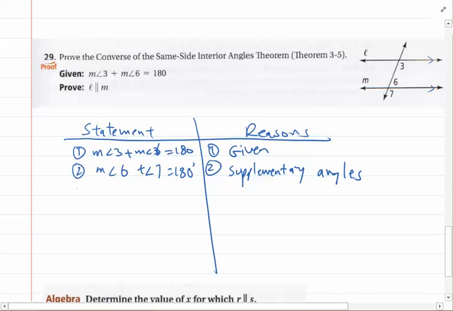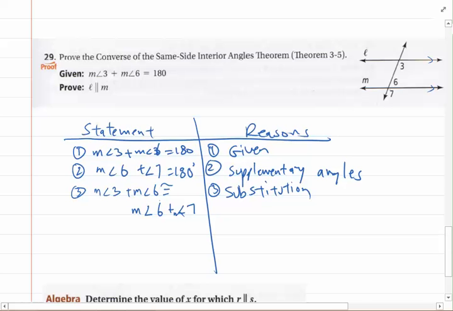Okay, to continue, then we know that angle 6 is congruent to angle 6, so we can say the measure of angle 3 plus the measure of angle 6 is equal to the measure of angle 6 plus the measure of angle 7. Why? Substitution.